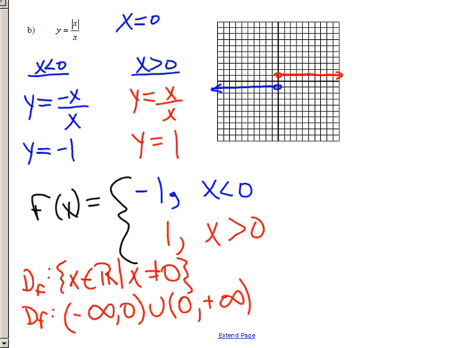Interesting, that's how it works. The only thing that's being excluded is the number 0 by writing it this way. The range of this function is kind of interesting. Here's how we would write it. In set builder notation, it is actually a bit easier because y is any real number such that y equals plus or minus 1.